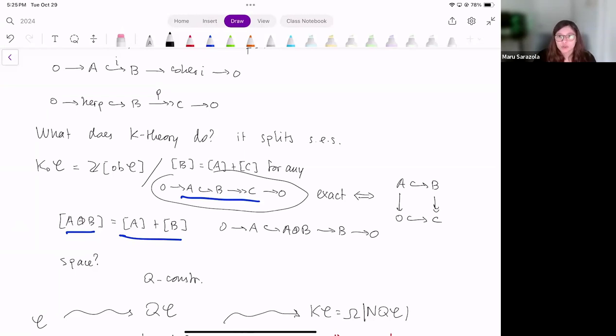And my sequence is short exact if and only if this square is bicartesian. So all of the conditions required here can be restated in terms of certain squares. So this was the first observation that led people to think that you could have K-theoretical frameworks that didn't really need an underlying category and instead could deal with a double category.